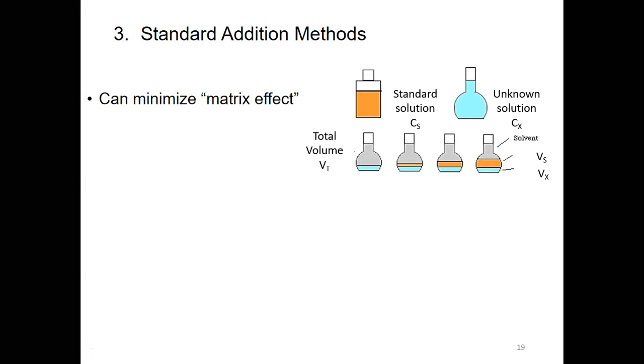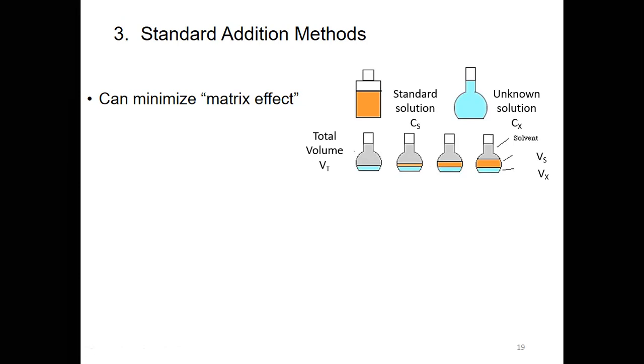That means the concentration of standards is different now, right? But the concentration of the unknown sample is the same in all. Then after we add standards and unknown, we will top up the volumetric flask to the desired volume. If it is a 100 milliliter flask, we'll top up to 100 milliliters.